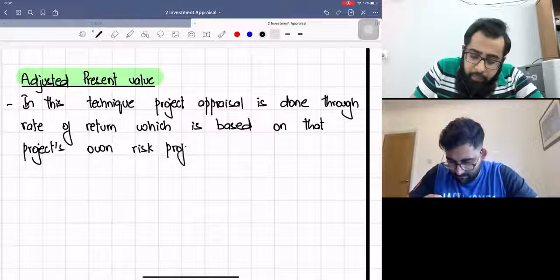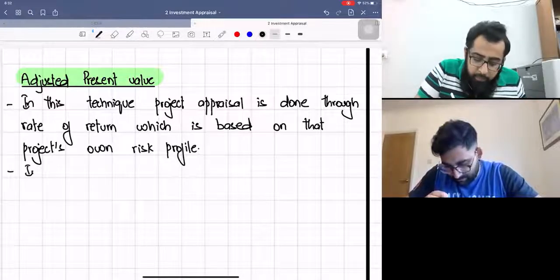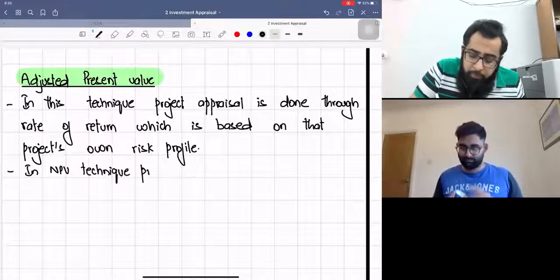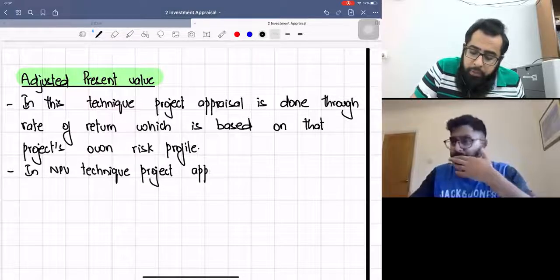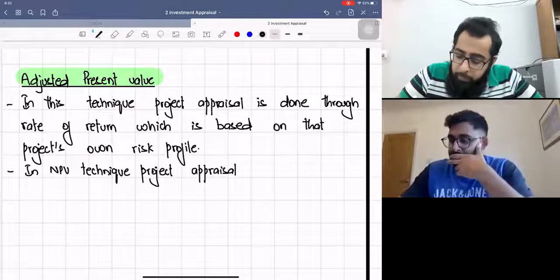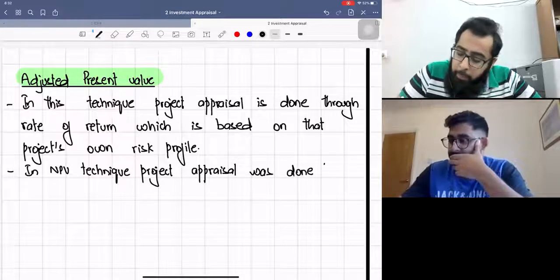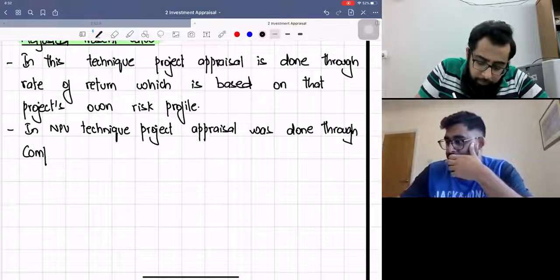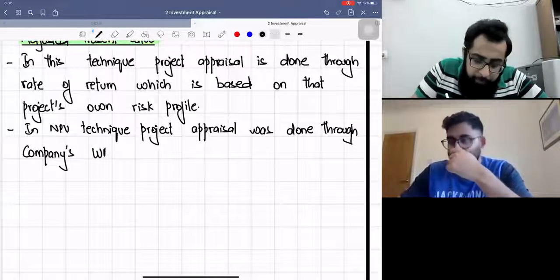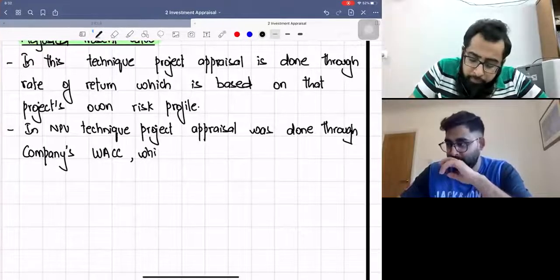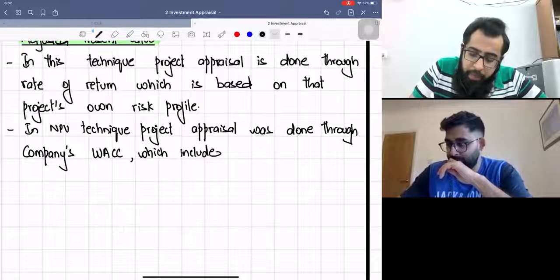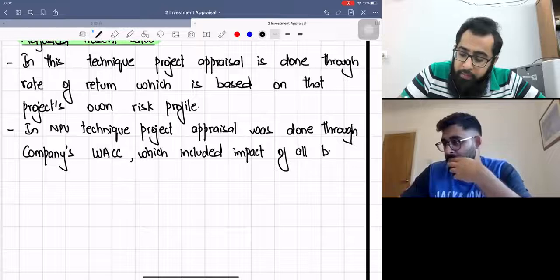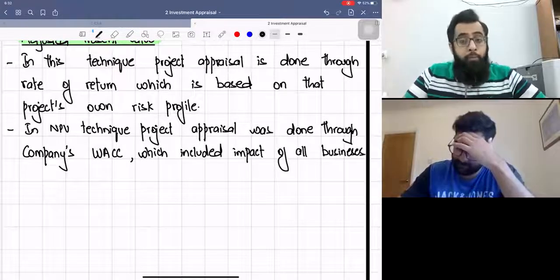In the NPV technique, project appraisal was done through the company's WACC, which included the impact of all businesses which the company was doing.